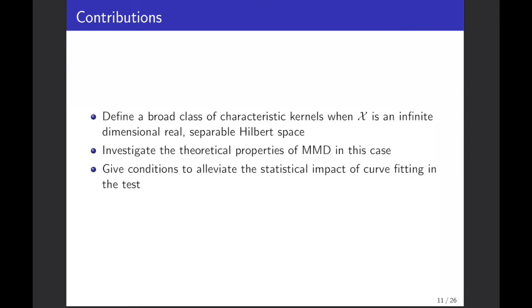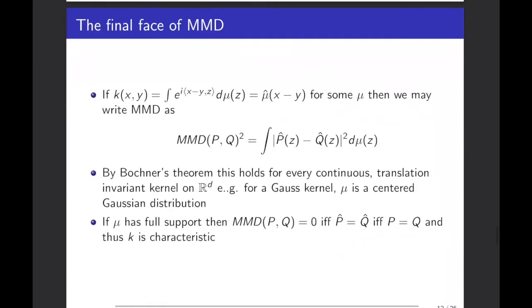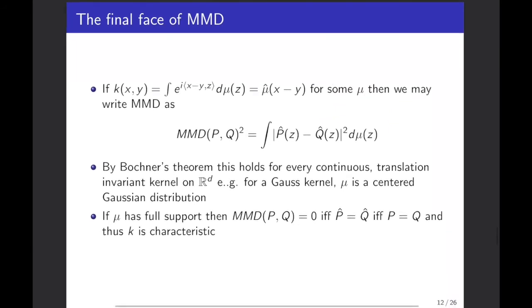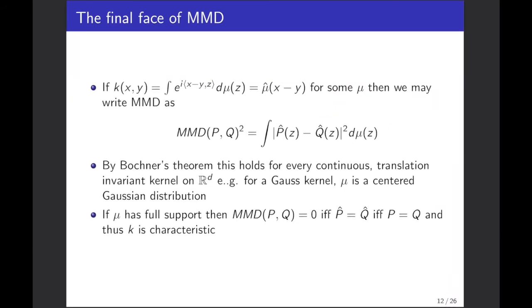So let's start with defining this broad class of kernels. The main idea is that there is yet another form of MMD one can use. If your kernel is equal to the Fourier transform, also known as the characteristic function, of some measure mu, then using the double integral representation of MMD and Fubini's theorem, you can write it as a weighted L2 distance between the characteristic functions of P and Q here.